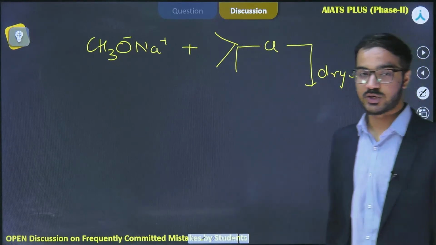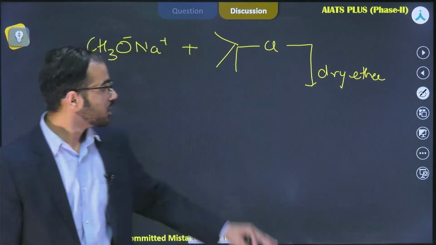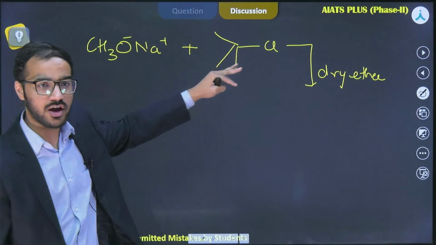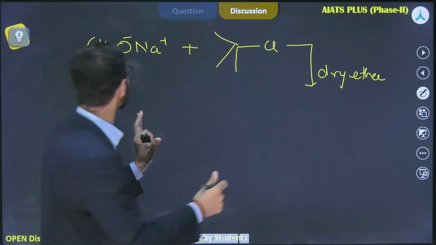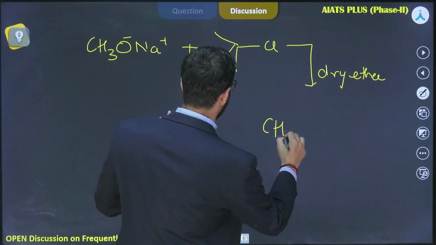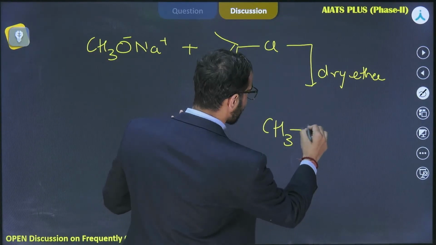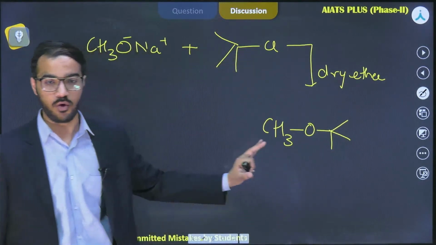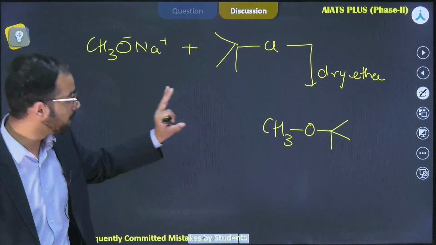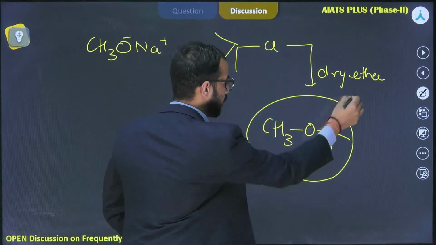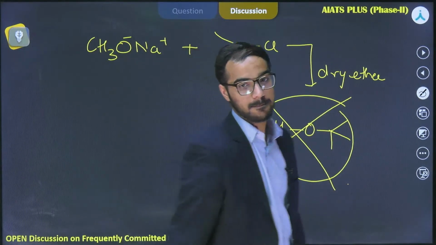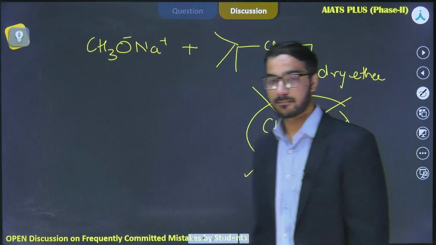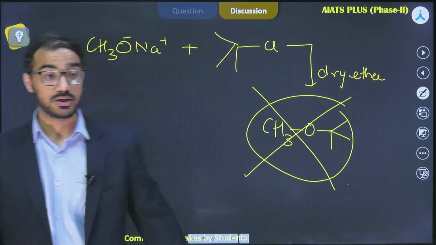What will be the case over here? If this attacks over here, the simplest approach, you will form the product called CH3O. This will be formed, right? Is it clear? But this will never be formed.